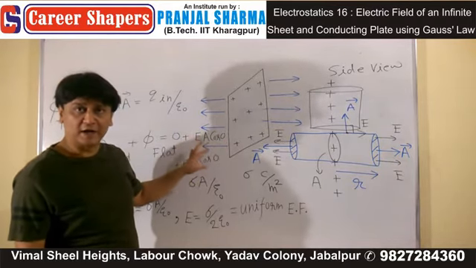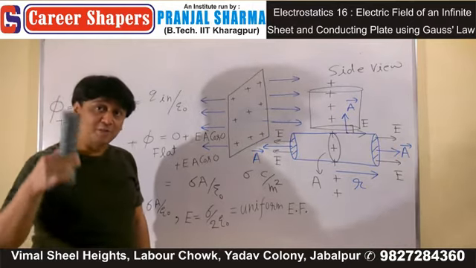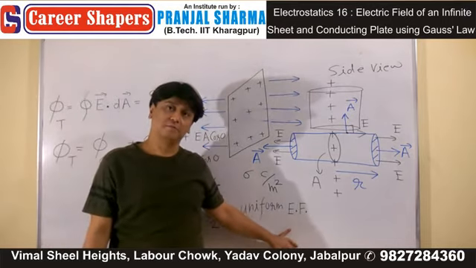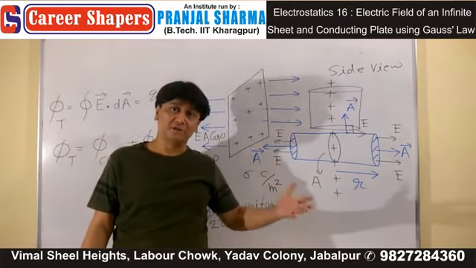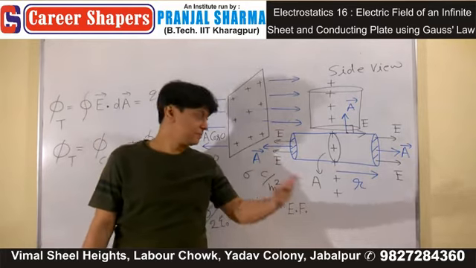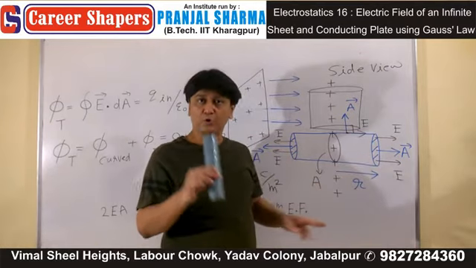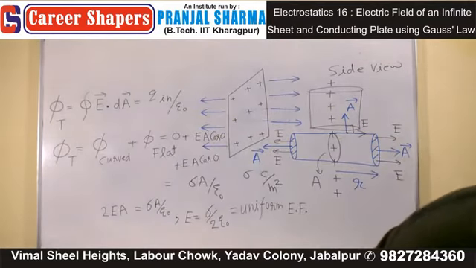We cannot write it like this. Suppose somebody had told us that electric field is uniform, then we could have. But since we do not have this information beforehand, we have to take a cylinder like this. I hope you understand what I am saying. I hope this figure will be more clear. Look here.